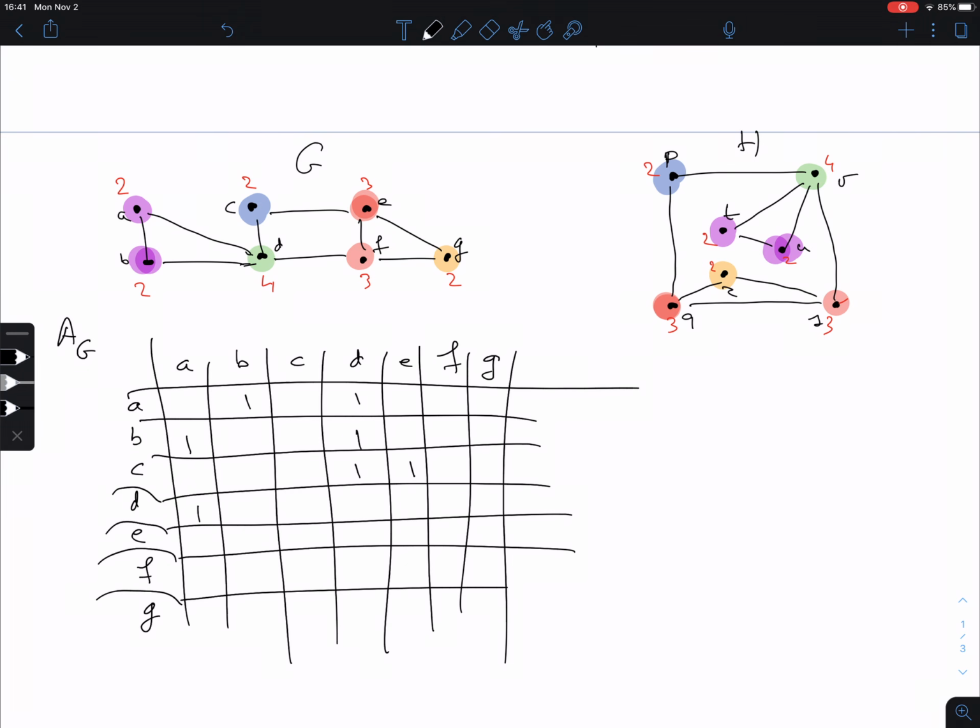E is a neighbor of A, B, C, and F. F is a neighbor of G and E. And G is a neighbor of E and F. Okay, and the rest is all zeros.